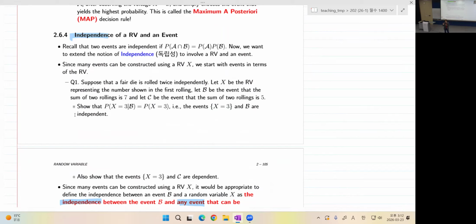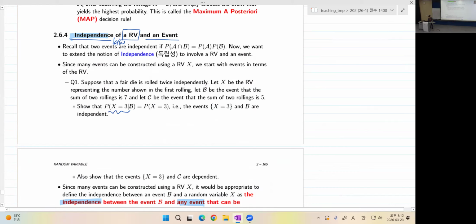We don't need a significantly different new idea. We just reuse chapter 1 ideas again and again. Even though we have independence between a random variable and an event, we must transform this to somehow independence of an event with another event. How? We already know that. We form an event in terms of random variable X.